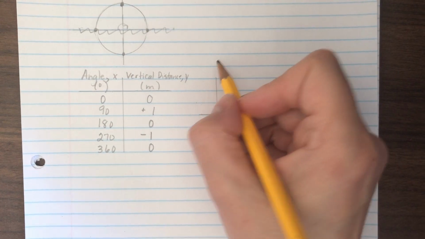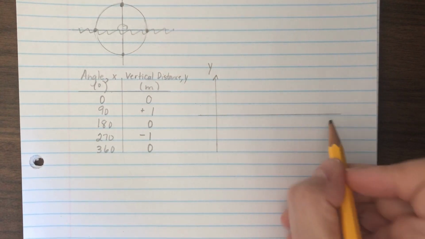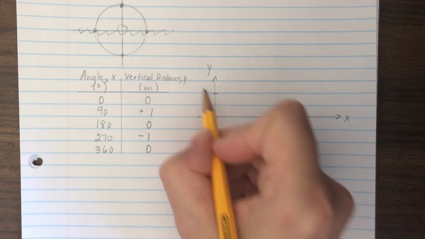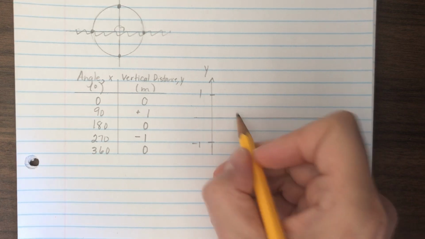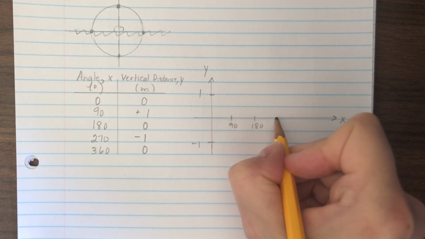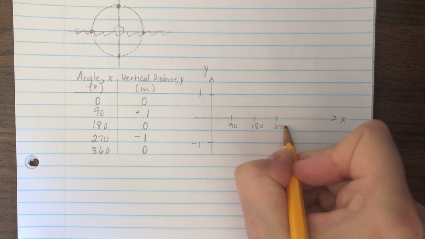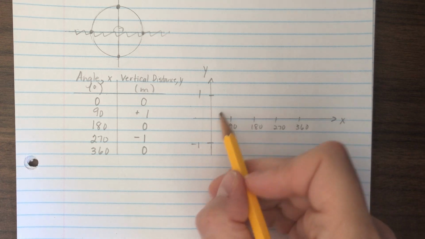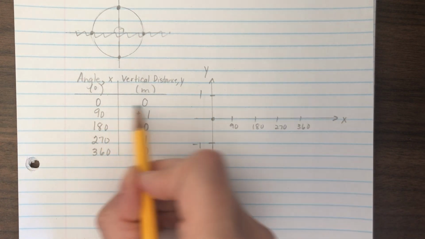Now if we graph this with Y on the vertical and X on the horizontal, here's what we're going to get. Just going to quickly scale the axes. Now I'm ready to plot the points. So here, the first point is 0, 0.